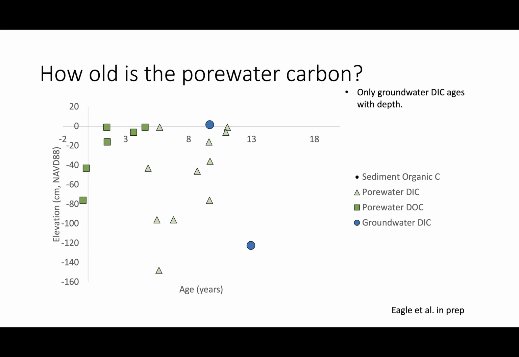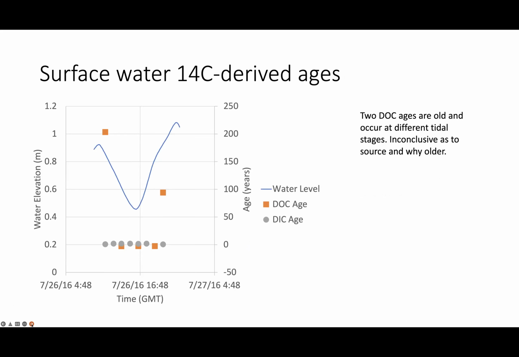That carbon gets entrained into the pore water and then circulates through the aquifer and discharges. It doesn't necessarily interact with the soil organic carbon pool, although there is some evidence from the DOC that there might be some interaction. But the DIC, which is the main respiration product and the main carbon export, does not appear to be aging as it transits the subterranean estuary.